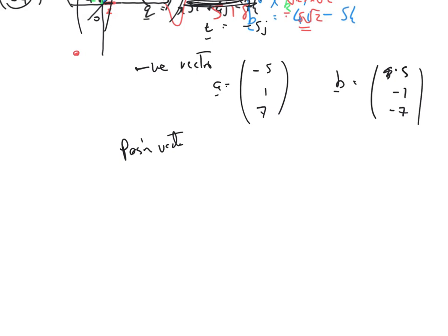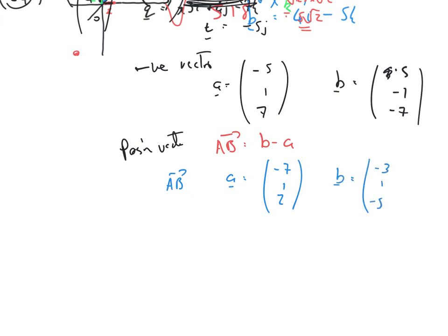Next one, let's think about position vectors. Okay, so remember that if a vector is given by AB, then it's the components of B minus the components of A. So let's say that I was looking for AB, where A is equal to minus 7, 1, 2, and B is equal to minus 3, 1, minus 5.